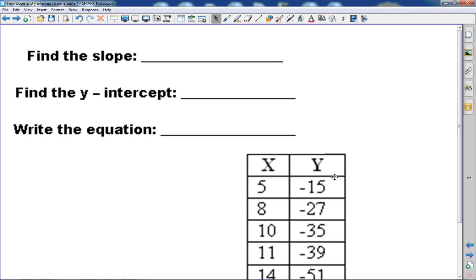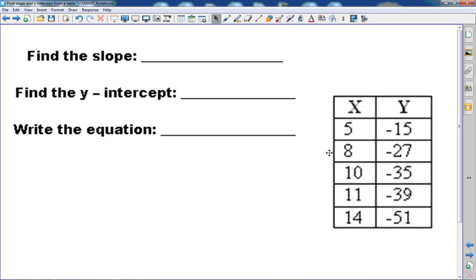Here's the next one. Pause the video and come back and see if you got the right answer. My slope is the letter m, y-intercept is b, y equals mx plus b. All right, to find m, we got to do delta y over delta x. So right here, I get -12.